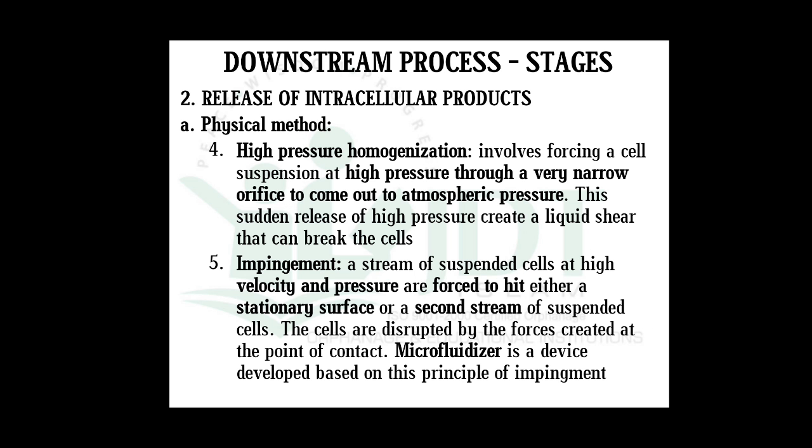Next is high pressure homogenization. This involves forcing a cell suspension at high pressure through a very narrow orifice to come out at atmospheric pressure. This sudden release of high pressure creates a liquid shear that can break the cell, thereby releasing the intracellular product.